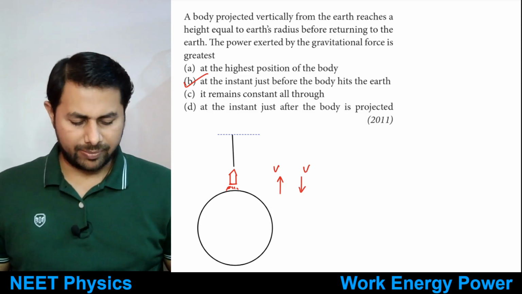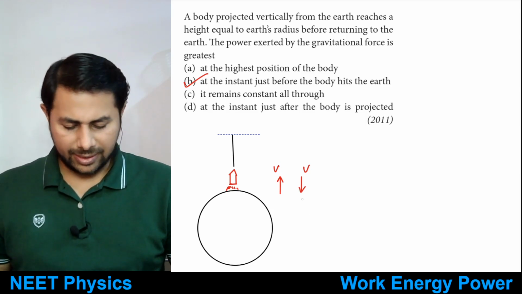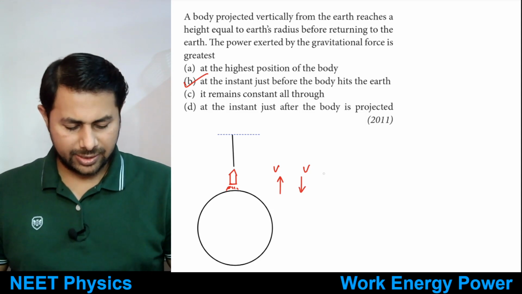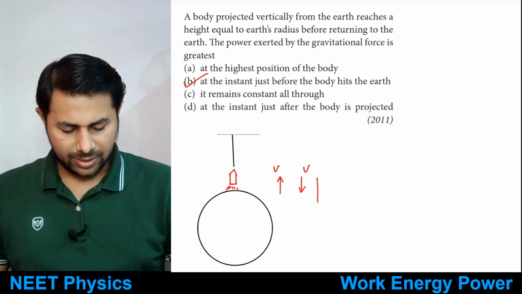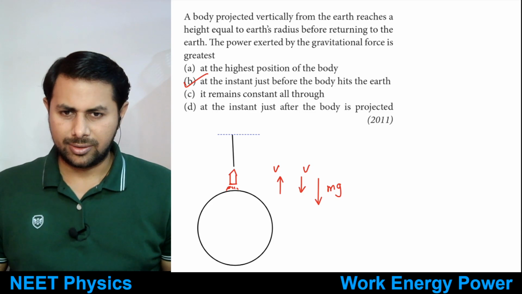The speed is same, but when the body comes back, the velocity is in the same direction as that of gravitational force. Gravitational force is downwards, right? So mg, let's say, angle is 0.